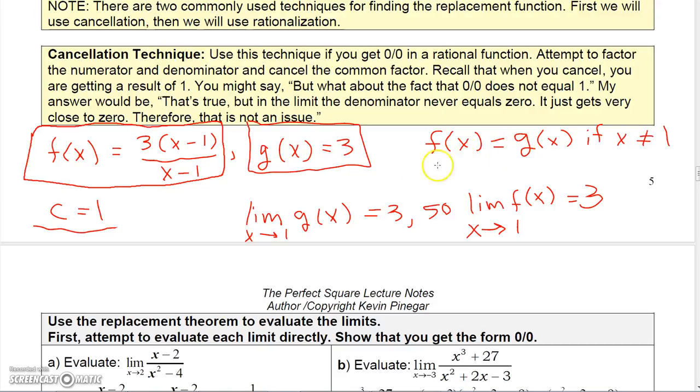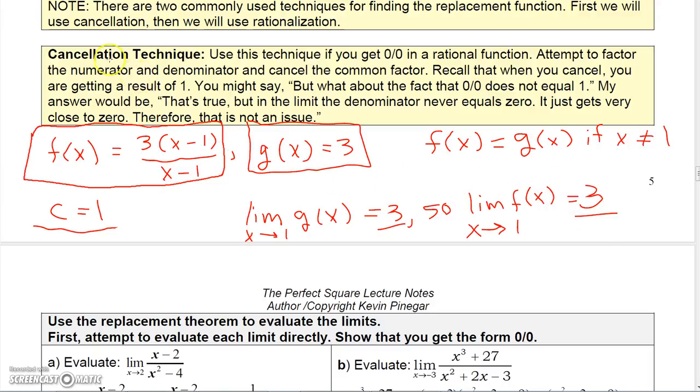Based on that, we know that the limit of g of x must equal the limit of f of x. And we can get the limit of g of x because g of x is just a constant, and the limit of a constant as x approaches 1 is just that constant. So the limit of g of x as x approaches 1 is 3. Therefore, the limit of f of x as x approaches 1 must also equal 3.